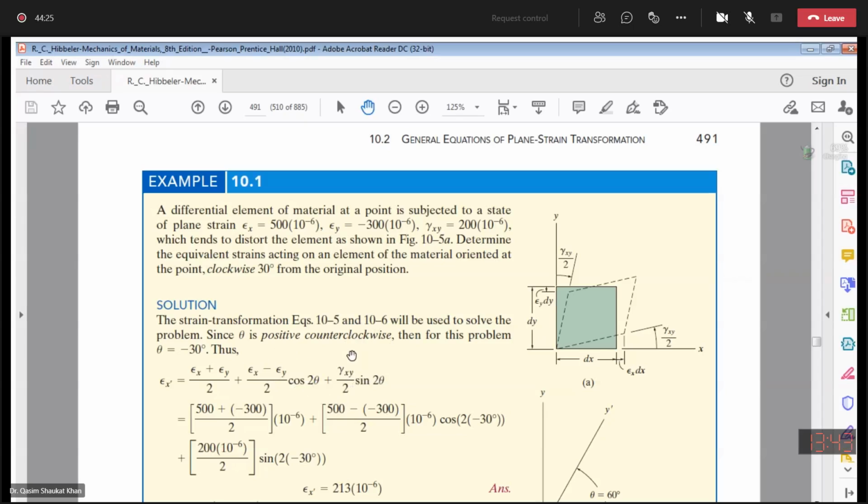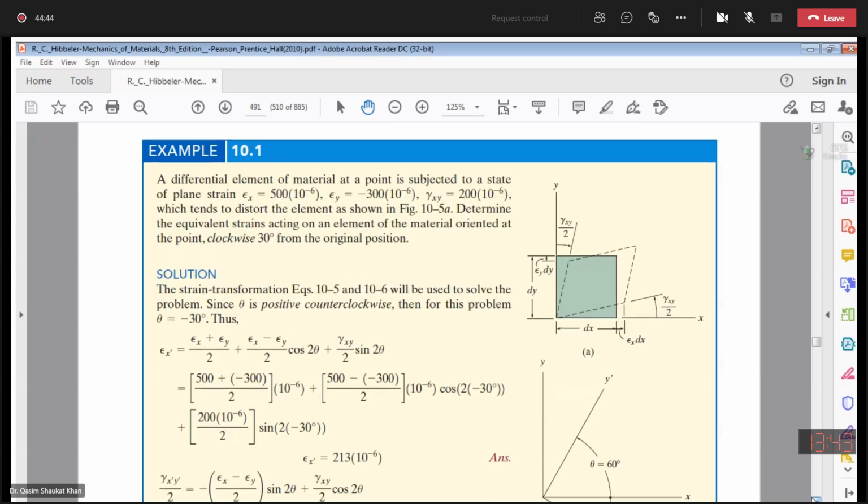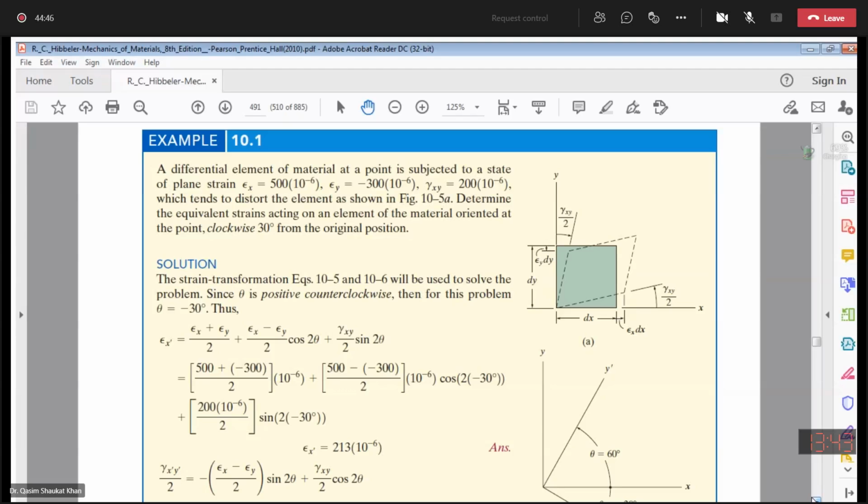So when you calculate epsilon y dash, you just have to put negative signs, and then it's relatively easier to calculate. So if you have calculated epsilon x dash and epsilon y dash, then please calculate gamma x dash y dash over 2, the shear strain value.